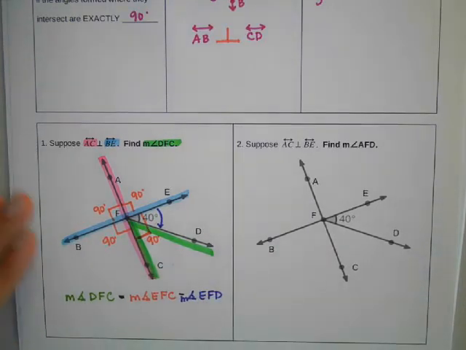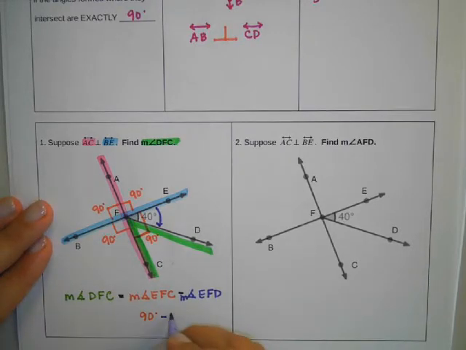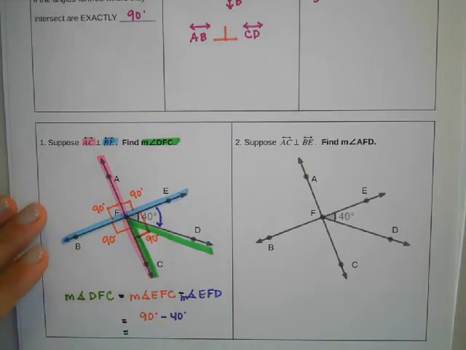Now we know that EFC is 90 degrees, and if we take away the angle measure we know, which is 40 degrees, we're going to find out that the angle we wanted to know is actually 50 degrees.